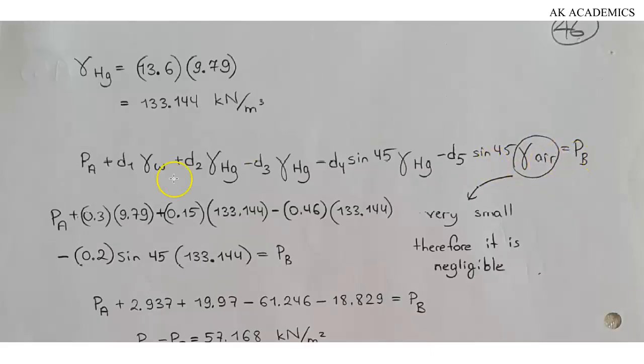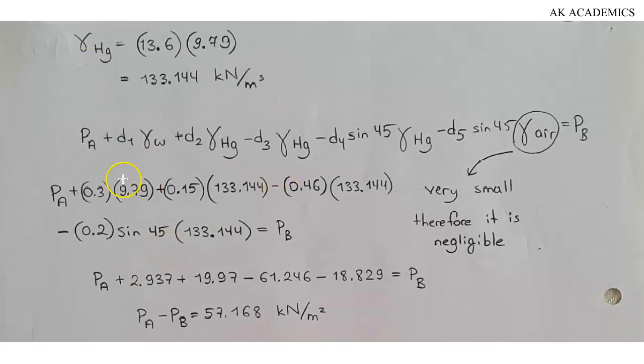So you equate it to PB, and then you can substitute all the values. Don't forget, you first have to find the specific weight of mercury, which is the specific gravity of mercury multiplied by the specific weight of water, to obtain 133.144 kilonewtons per cubic meter.